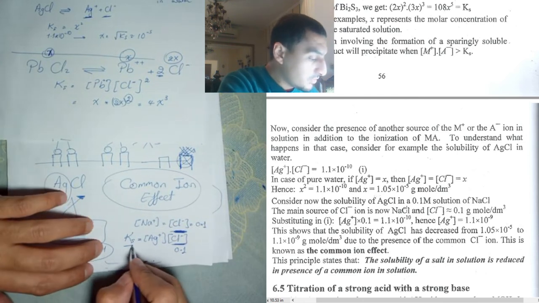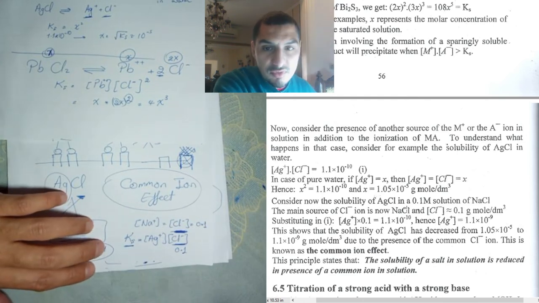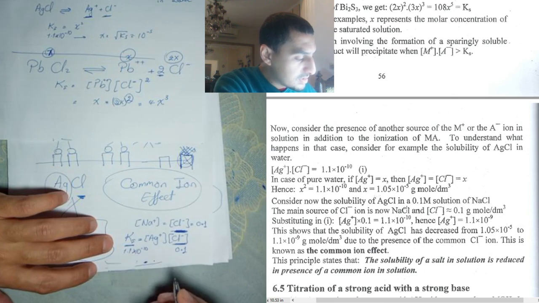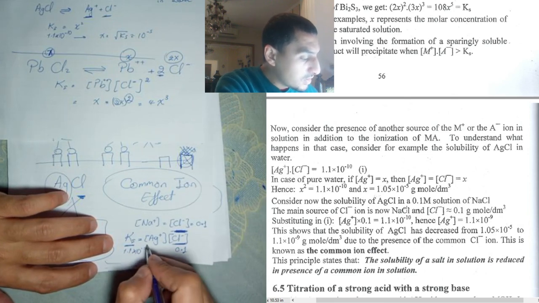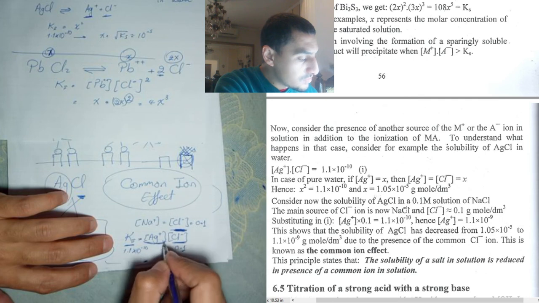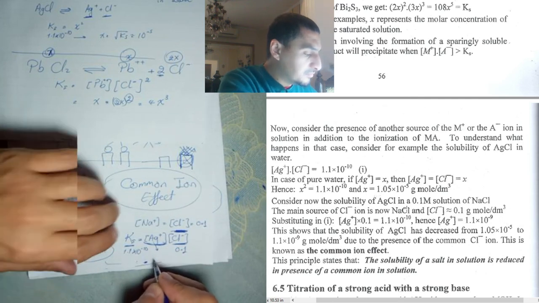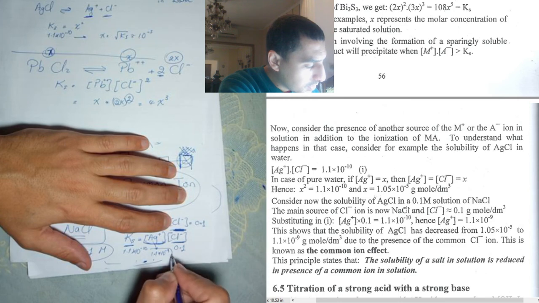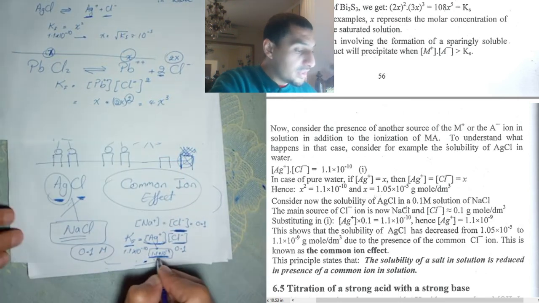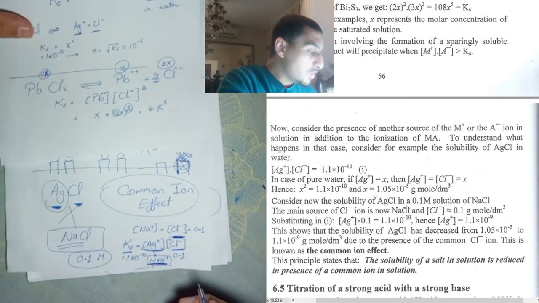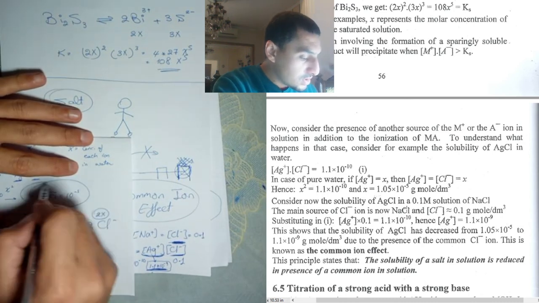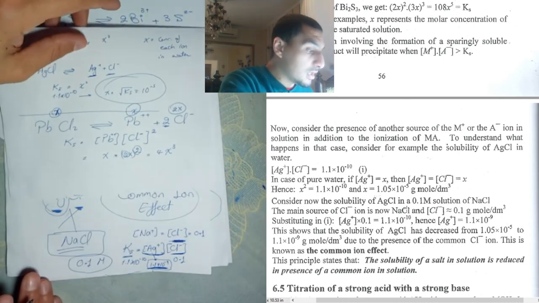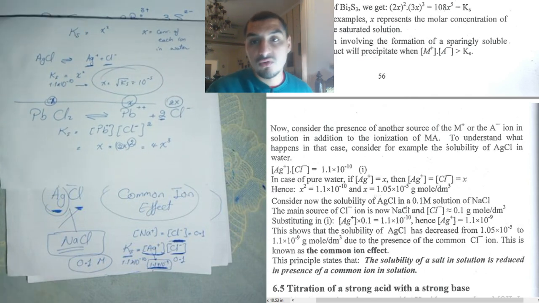And now I have the value of K, it's constant, it's not gonna be different. It is 1.1 multiplied by 10 to the minus 10, and by substitution I would find that the maximum solubility of silver is gonna be 1.1 multiplied by 10 to the minus 9. This is the final concentration, which is compared to the concentration of 10 to the minus 5 that I achieved before without having the sodium chloride in the solution.